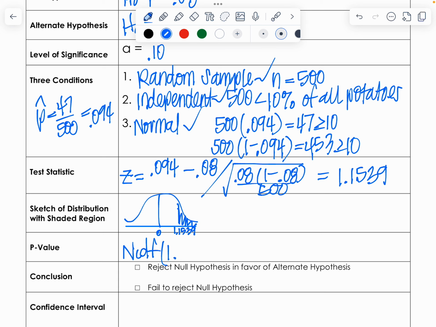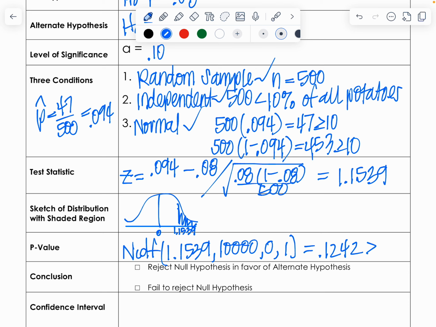Go from 1.1539 to 10,000 with a mean always of 0, standard deviation always of 1. So we go from 1.1539 and we get a p-value of 0.1242.